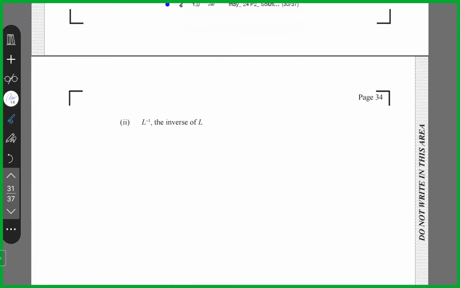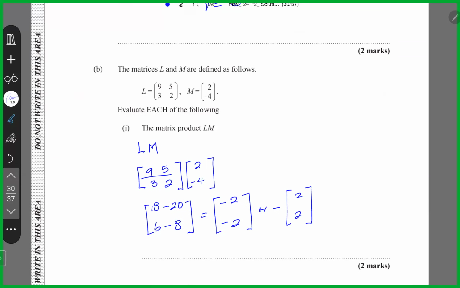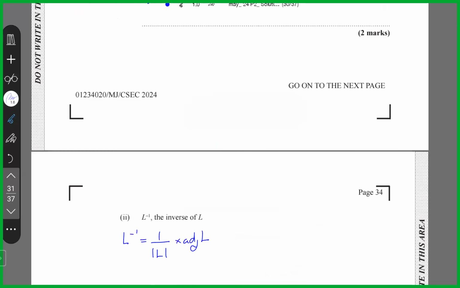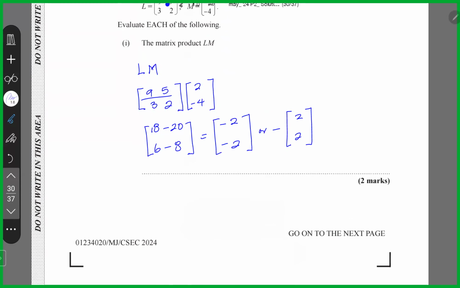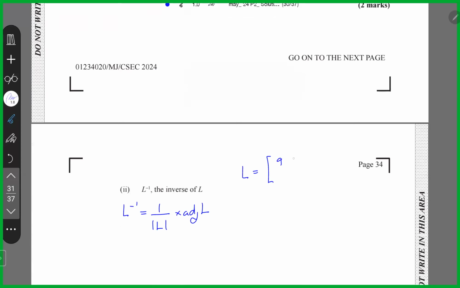We need to evaluate L inverse. Well, L inverse is equal to 1 over the determinant of L times adjoint L. So the determinant of L, all right, first of all, L is the matrix 9, 5, 3, 2.